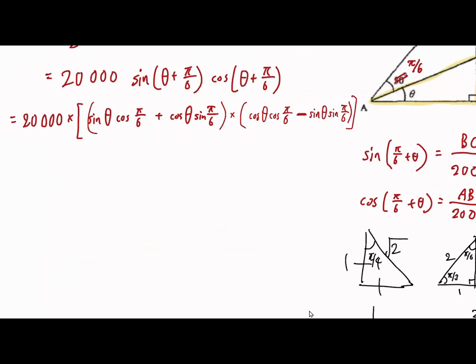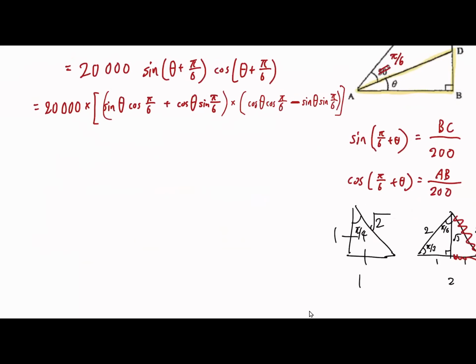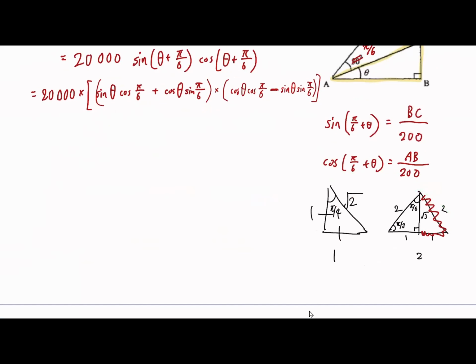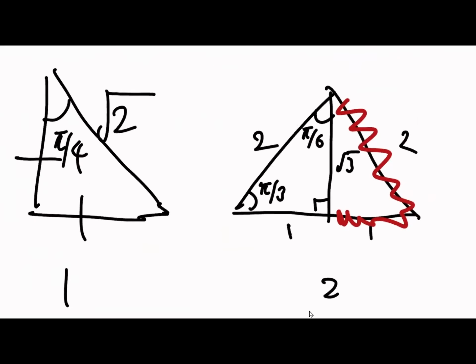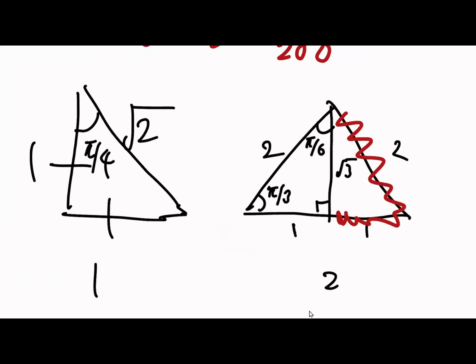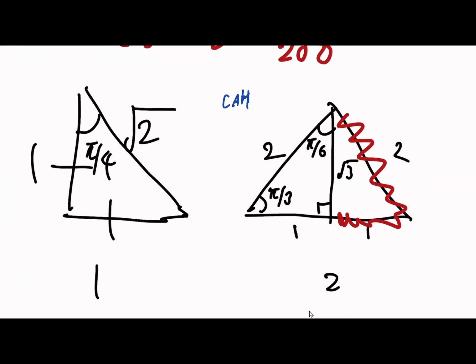So now that you have drawn the nice little diagrams on the right side, can you tell me what is cosine pi over 6 and sine pi over 6? Start off, cosine pi over 6, what is it? Adjacent over hypotenuse, square root 3 over 2.